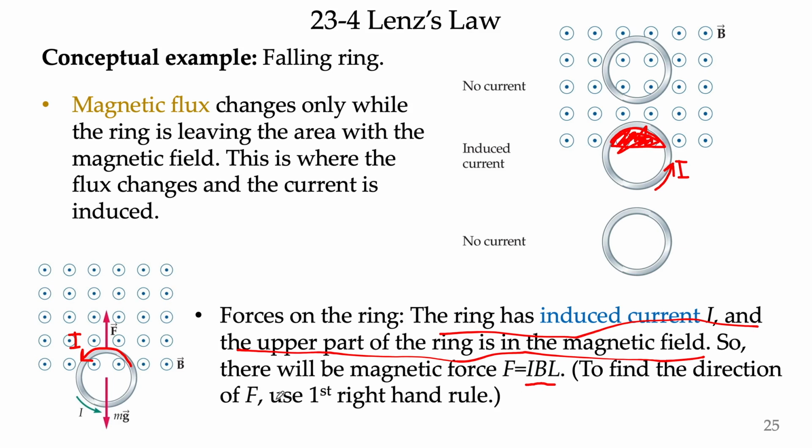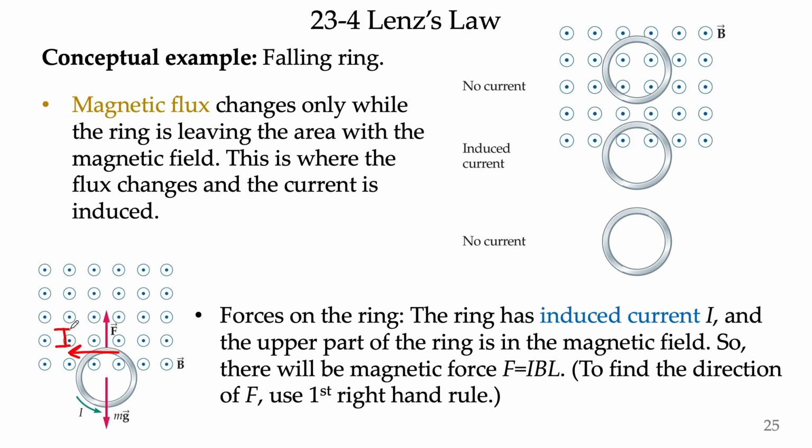Okay. Now to find the direction of the magnetic force, remember you have to use the first right hand rule. So let's look at here. So let me erase this. So the direction of the current here is to the left.